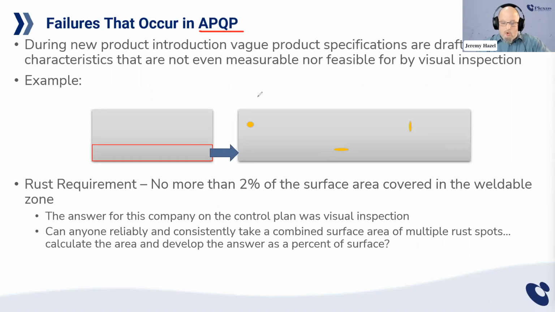There are programs out there that will automatically detect the presence of rust by vision and will do the calculation to sum up these as a percentage of the area under consideration. But the visual will never get there. So the first place organizations typically fail when it comes to visual is in program management, new program introduction.